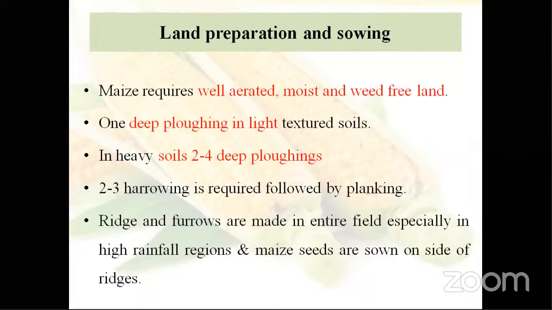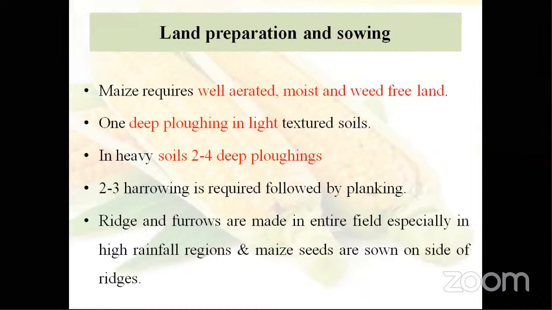Ridges and furrows are made in the entire field, especially in high rainfall regions. Generally, we sow maize in flat seed beds. But where rainfall is frequent and the average rainfall is above 750 mm, we have to go for ridge and furrow type of sowing to easily remove excess rainwater through the furrows.